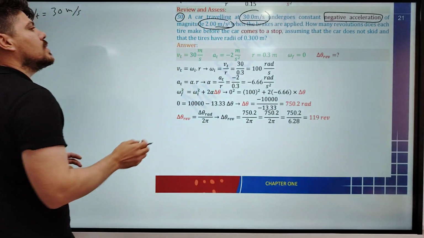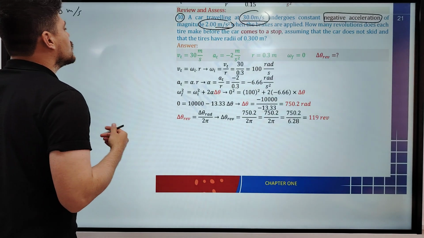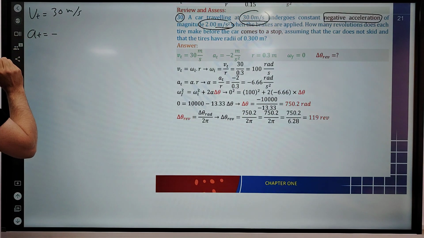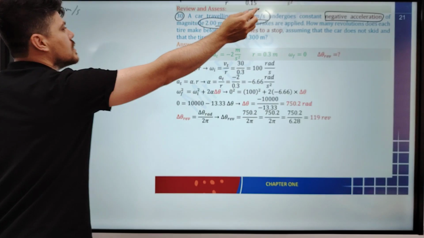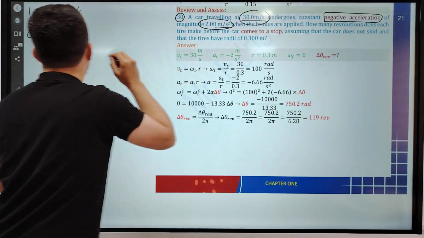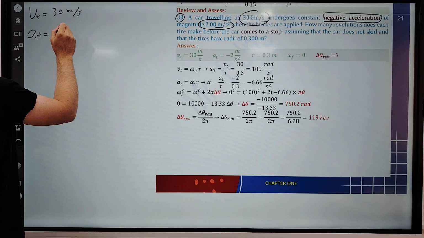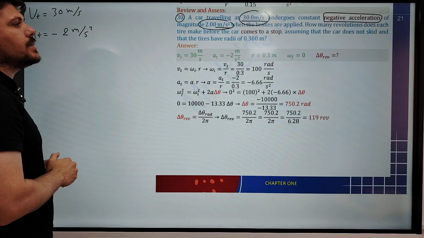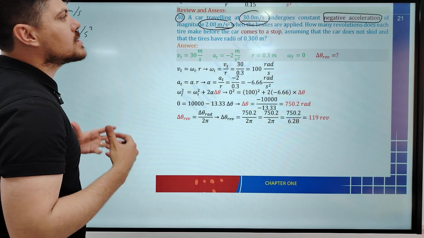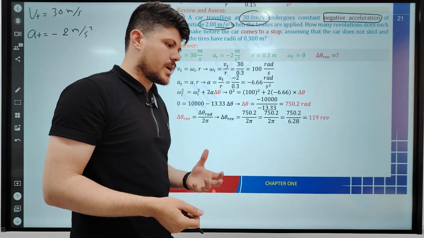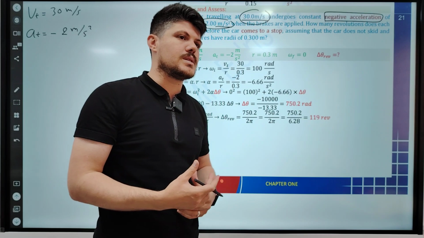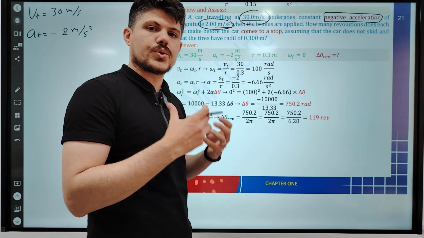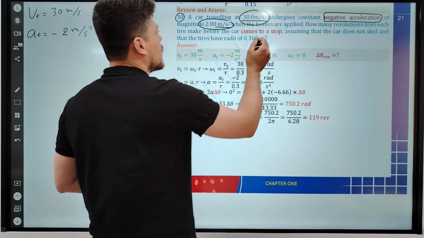Meter per second squared is the unit for tangential acceleration, which is AT equal to negative. Why negative? Because the question said negative acceleration, okay? Which is equal to 2 meters per second squared, okay? So when the brakes are applied, it means that this car or this object tries to slow down to reduce the velocity or speed, okay?